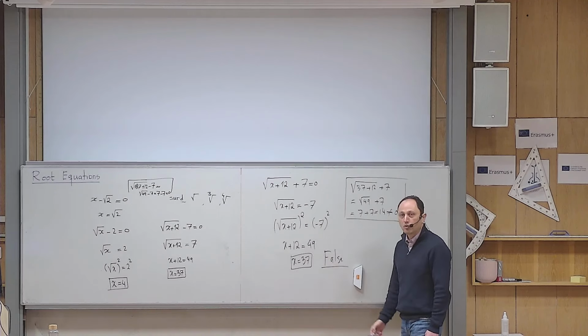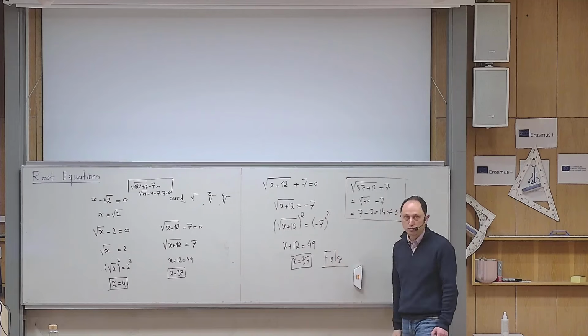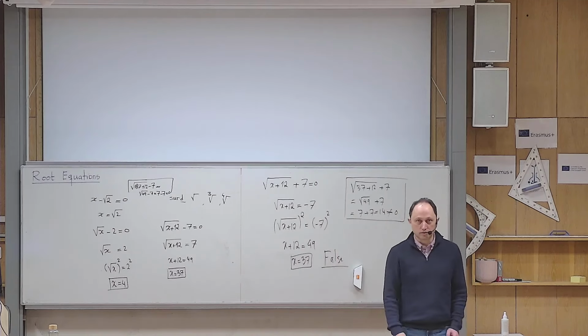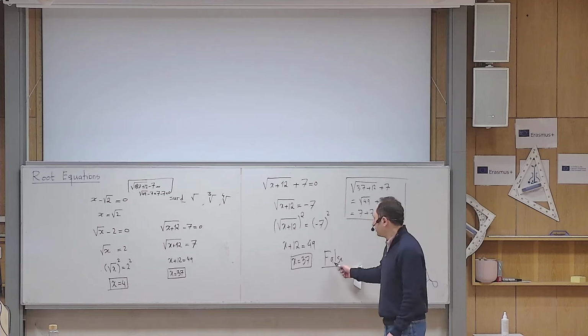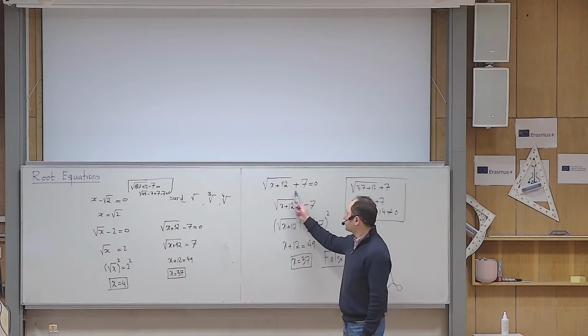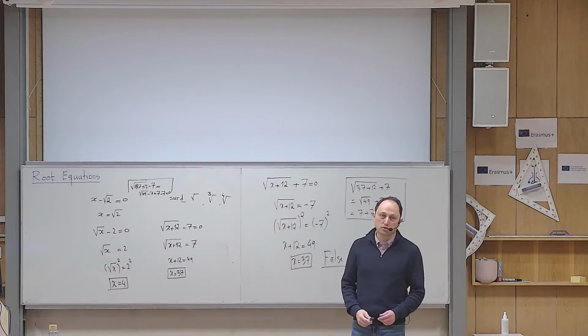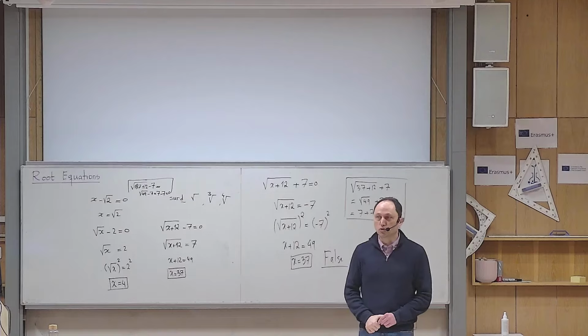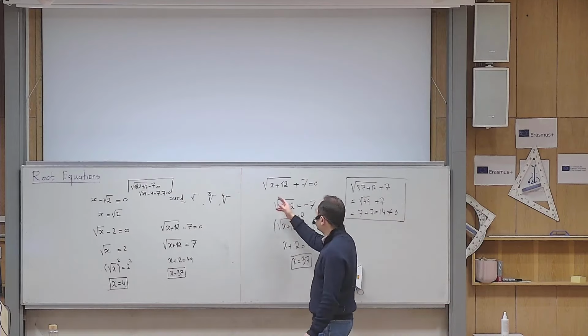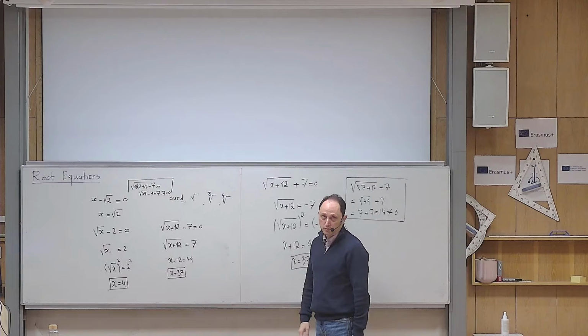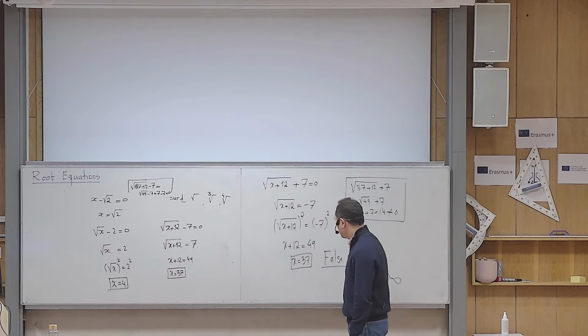So you have to always check whether the answers that you get are true or false. In this case, this is a false root. And if I ask you, so what is the root of this equation? The answer is that this equation does not have any roots. There is no number that you can find to put here so that it works. Okay, so that's the answer.